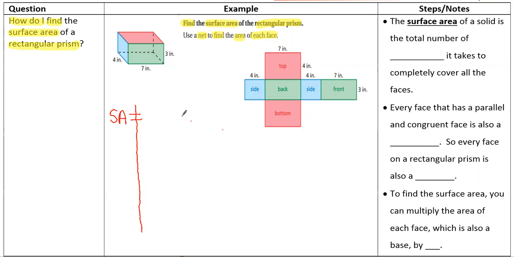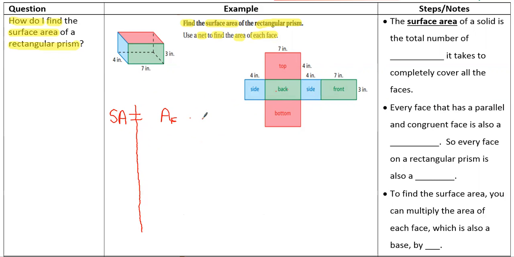Now I could write 6 different formulas to find the area of every single rectangle. But in the last video, I was talking about how some of these rectangles are identical. Like how about the front and the back? Aren't those the same? If I found the area of the front, A sub F, that F doesn't have any mathematical meaning, it just means area of the front, would I have to also add the area of the back?